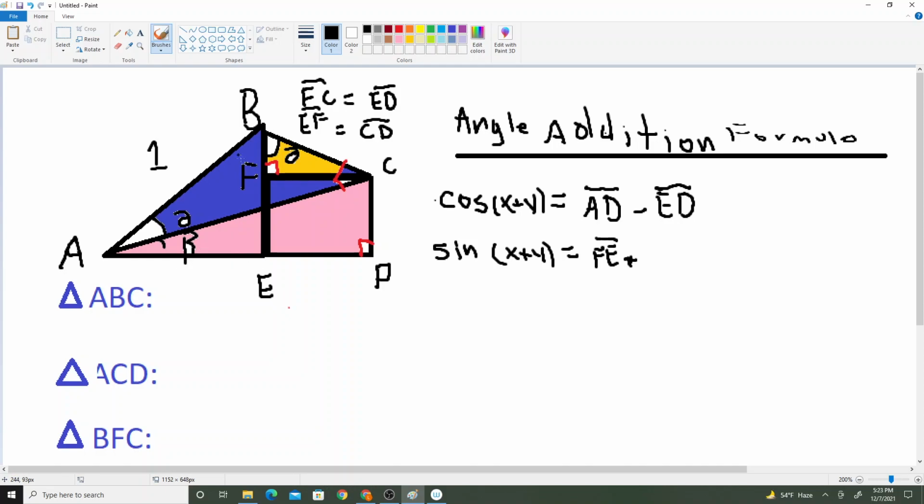So if you look at the line segments, those are what you have to put together to match the triangle you'd get from adding those 2 angles. So this is going to be EF plus BF.